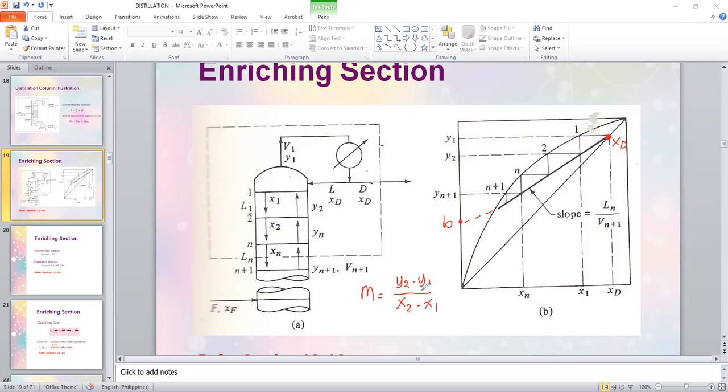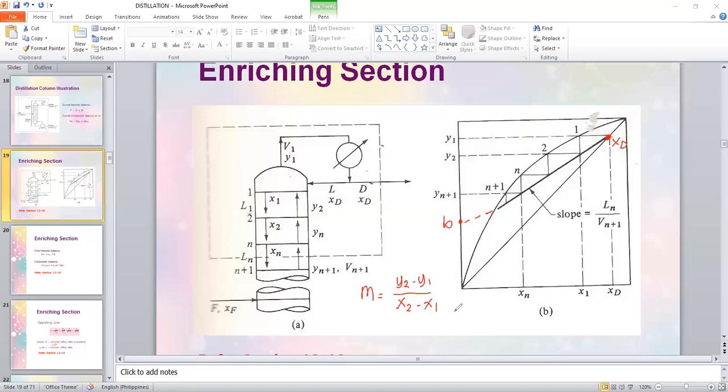In this pair of coordinates, you already have the xd as one point. So it could be this one, the x1 and y1, or it could be x2 and y2. What you need is you assume either the x or the y in here. Using the slope that you have, you'll be able to solve the other.